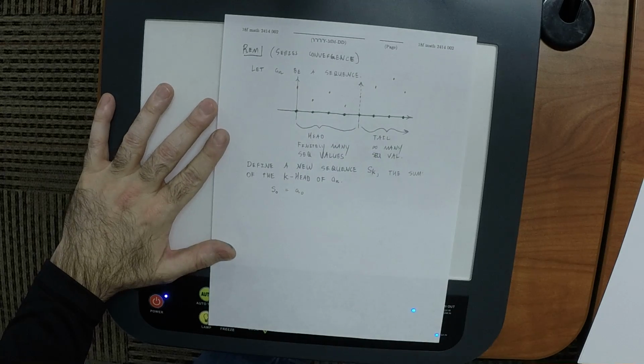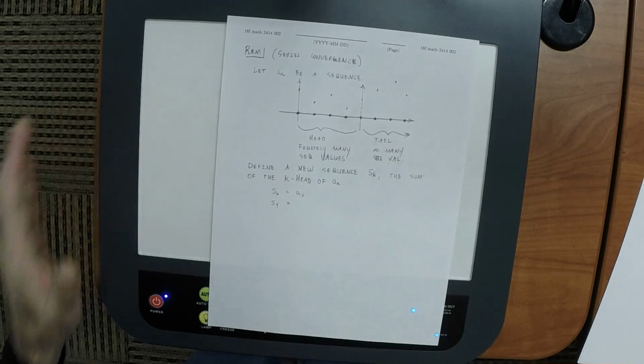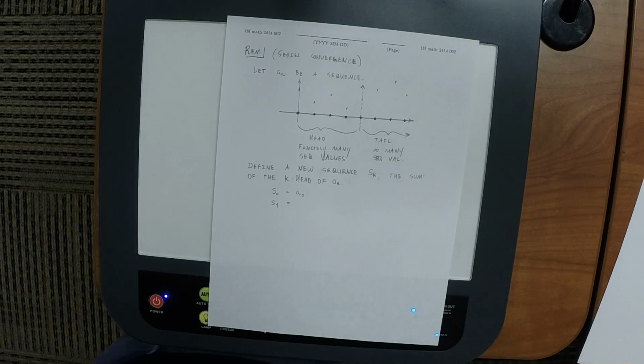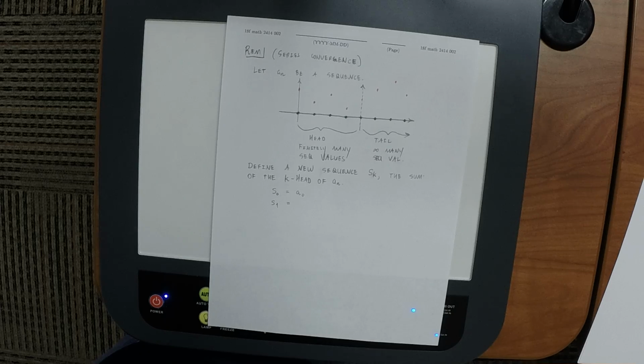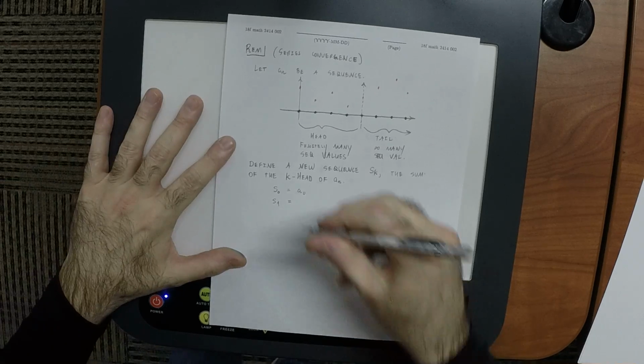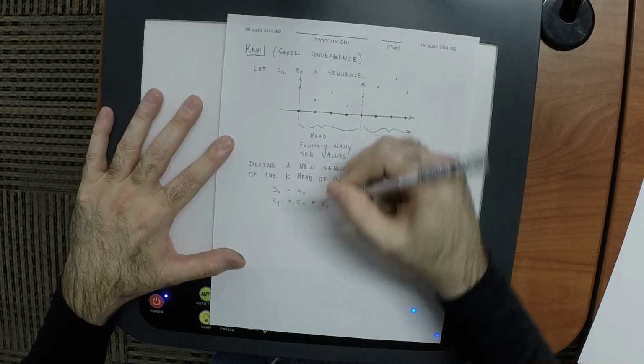Now S1, what that is that we're saying that we cut at 1. So that means that we cut off the first two terms. We cut off 0 and 1. So we're going to take those two, that head, those finitely many, and then add them up. This would be A0 plus A1.